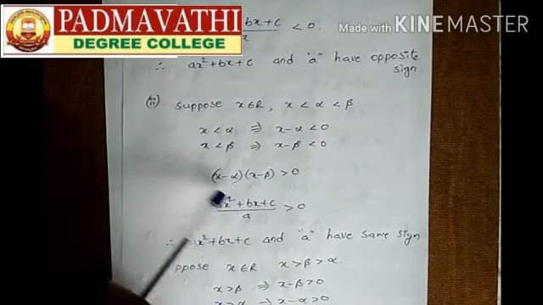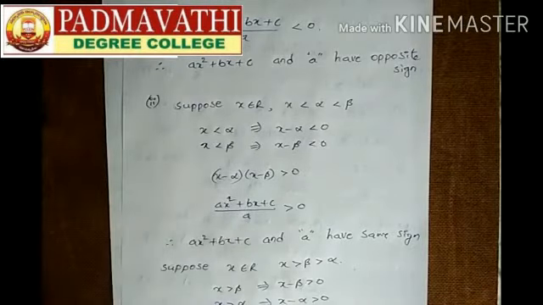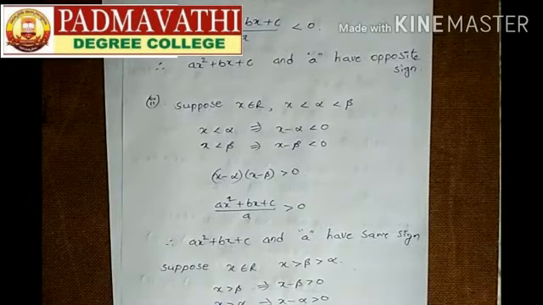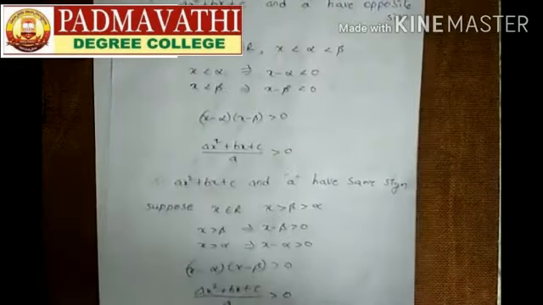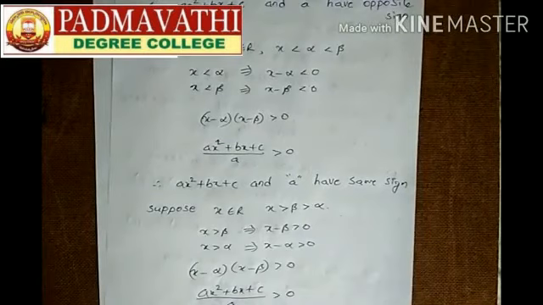Now replace (x minus alpha)(x minus beta) with the expression (ax square plus bx plus c) by a. This is also greater than 0. Greater than 0 means, by the same logic, the numerator and denominator are of the same sign, only then will that expression value become positive. So that condition you can write here: ax square plus bx plus c and a have the same sign.